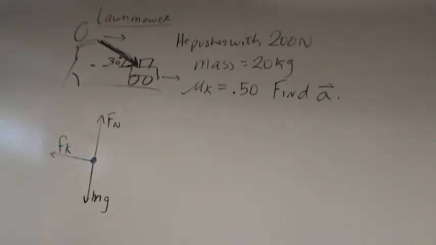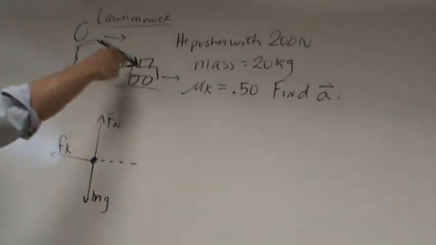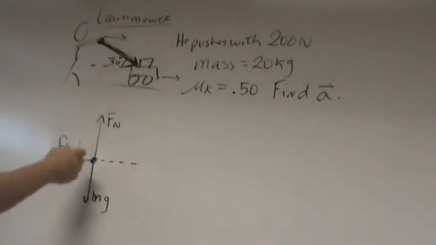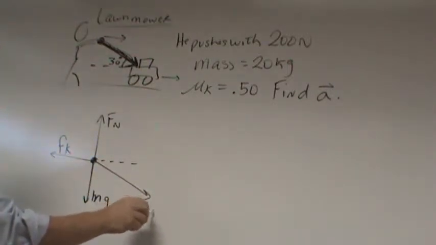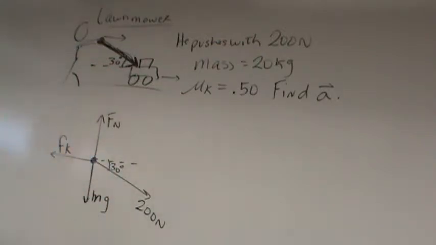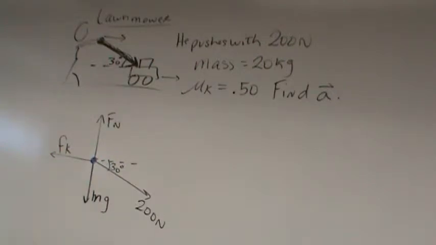I guess it makes it easier to grade, I don't know. So when you draw this downward force, you're going to have the initial point of your force vector be on the free body itself. So that force is going to end up looking like this, 200 newtons at a 30-degree angle. You're exerting a force down on that lawnmower. So there's my free body diagram.